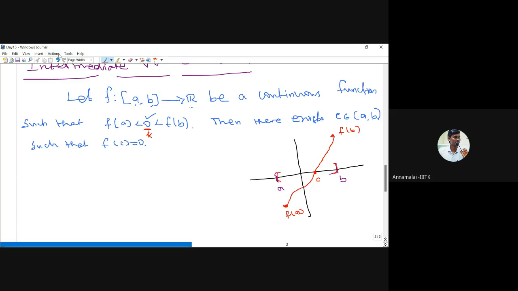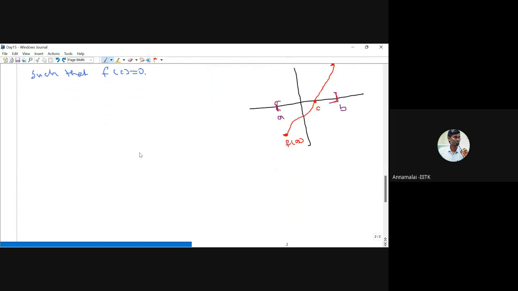Now we call this the standard version of the intermediate value theorem. Suppose f(a) < k < f(b), and f is a continuous function defined on the closed interval [a, b]. Then there is a c such that f(c) = k.